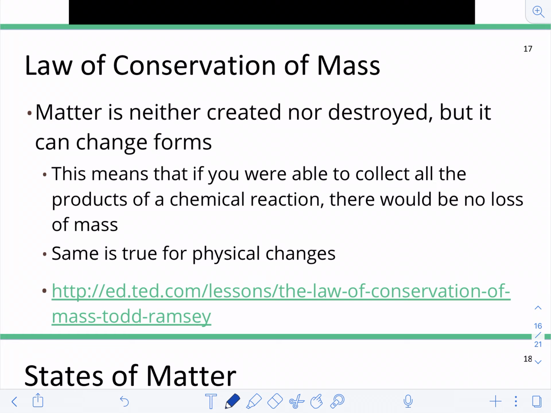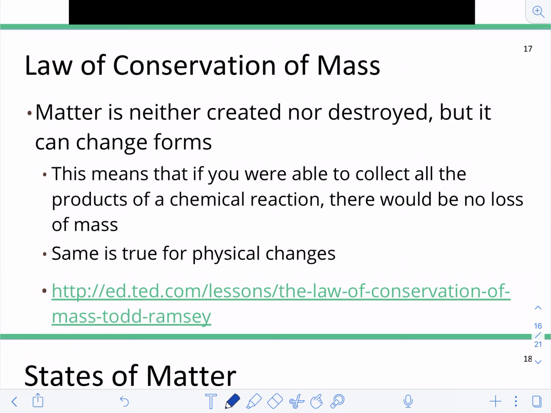Whenever we're talking about chemical reactions or even physical changes, they both follow the law of conservation of mass. You probably know what the word conservation means: you're saving something. That's what happens with mass.